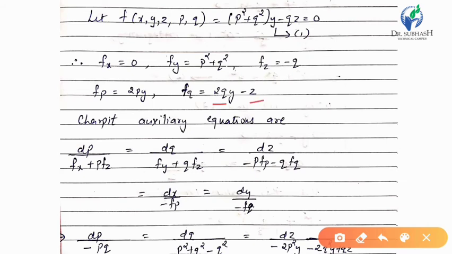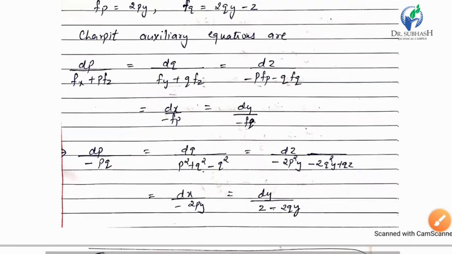Now we know that Charpit auxiliary equations are dp upon fx plus pfz, dq upon fy plus qfz, and so on up to dy upon minus fq. Now we'll put all these values over here.